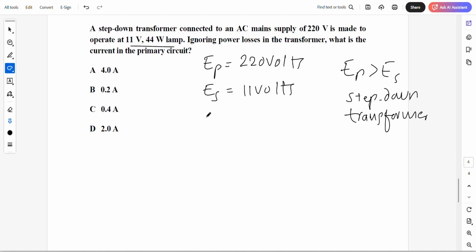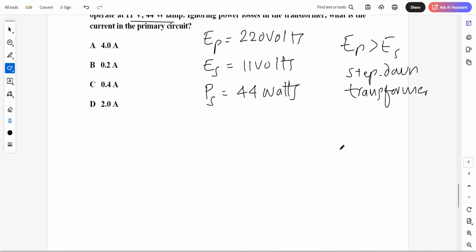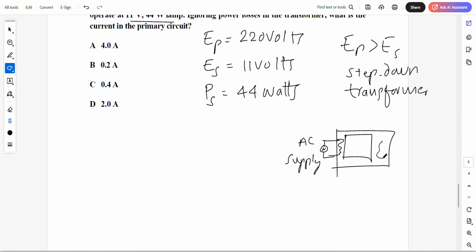And they have given the output power. That is, power in the secondary is 44 watts. We know that in a transformer, if this is the core, and this is the primary winding, the AC supply is always connected to the primary winding, and the load is connected to the secondary winding.